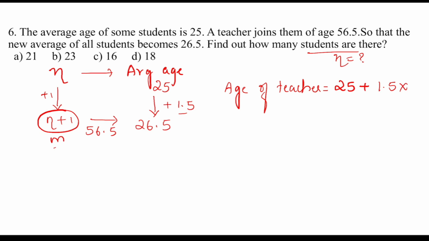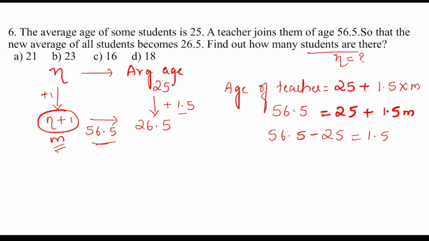The number of new entities we don't know, I have taken it as m. Now the age of the teacher is given, 56.5. So 56.5 is equal to 25 plus 1.5 m. Then 56.5 minus 25 is equal to 1.5 m.